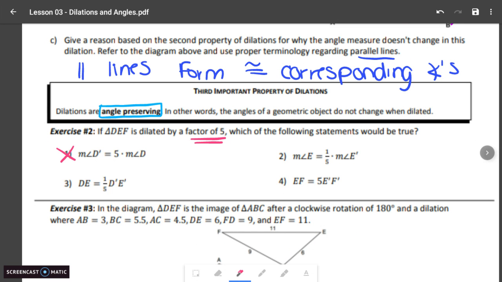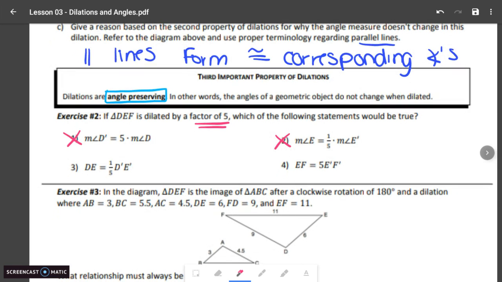I can automatically cross off 1 and 2 because my angle should never change size. So the angle should always be congruent still. Now I have to remember that the scale factor is saying it's getting bigger. So my original was triangle DEF. That's the one that's being multiplied. So it's like 5 times one of those sides would get me that.